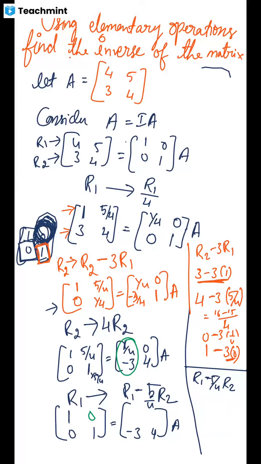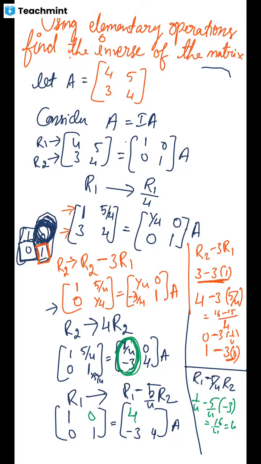So to solve this, I will take R1 value 1 by 4 minus 5 by 4 into R2 value minus 3. See, now minus into minus is plus. If I take the LCM 4, 1 plus 15 is 16 by 4. You get 16 by 4. The output is 4.